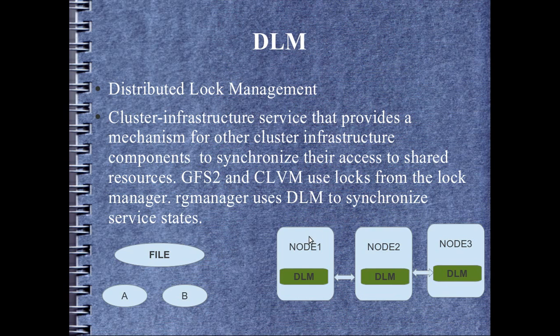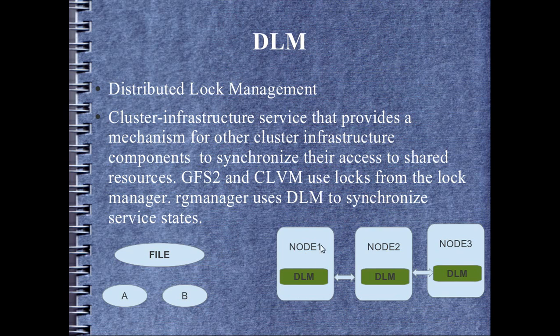When you are talking about RG manager, it starts a service or allocates a resource to a particular node. It notifies DLM of the same, and DLM knows these services or resources are now allocated to node 1.